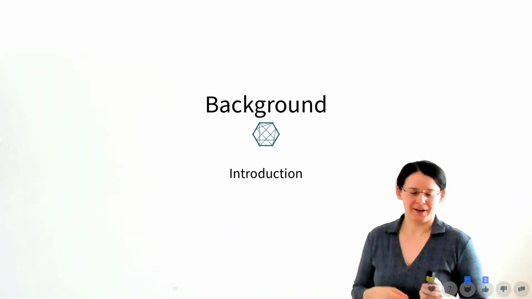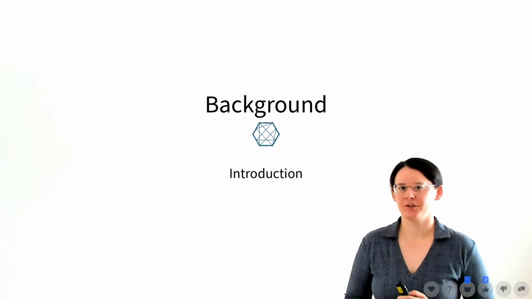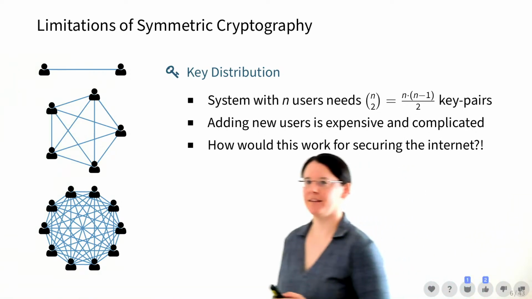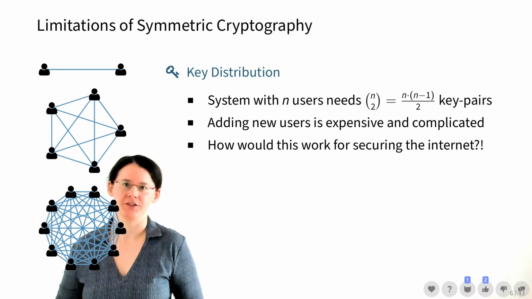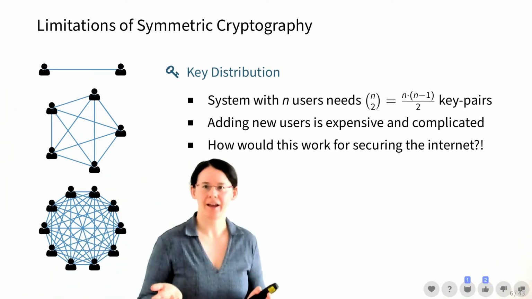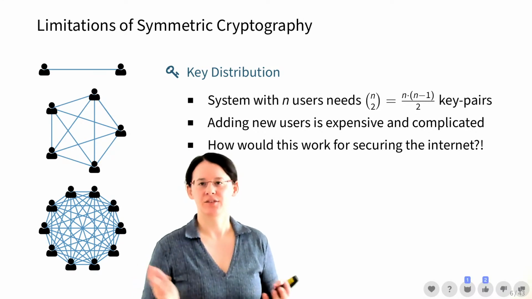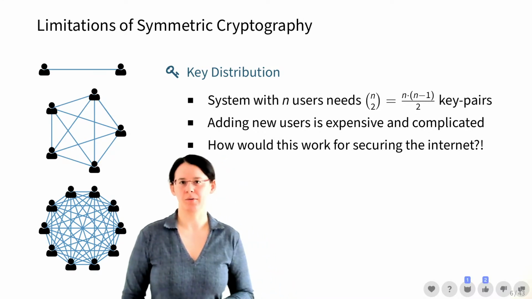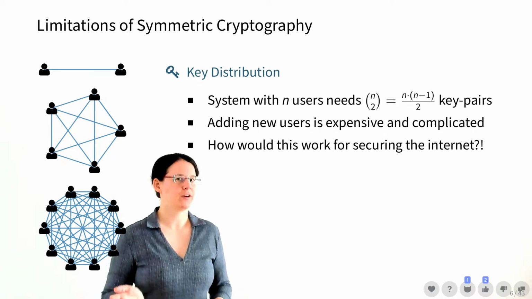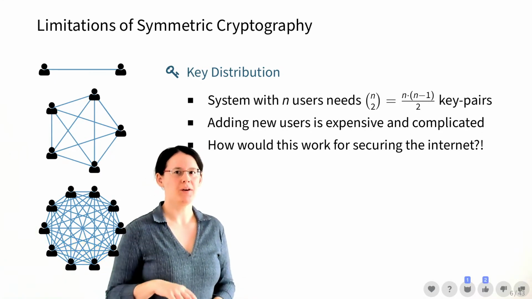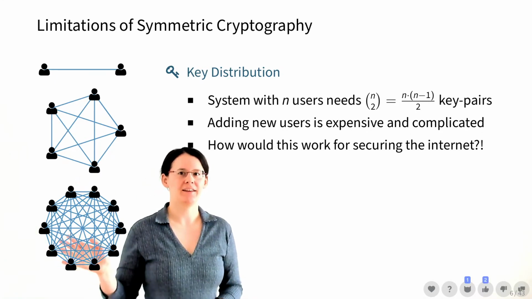So, what's the main limitation of the schemes we've looked at so far? In particular, the limitations of symmetric cryptography in general. The main issue that we have is that we need this shared secret key. And to distribute this is a really hard problem. It's already difficult if you just look at one pairing of people, but what if you look at an entire network?